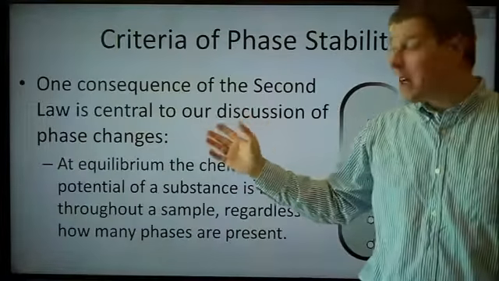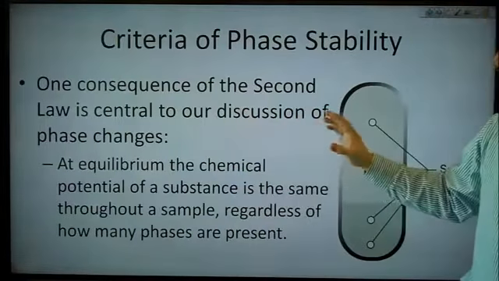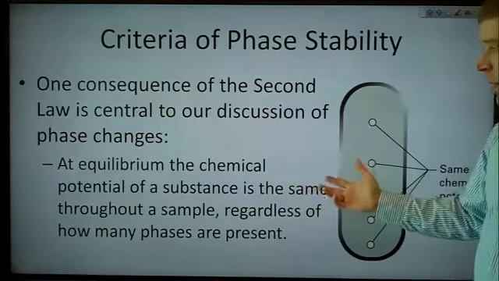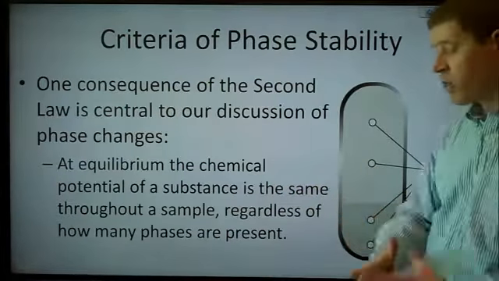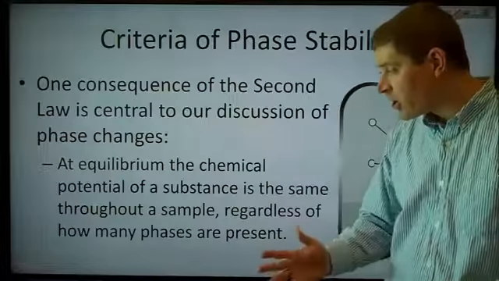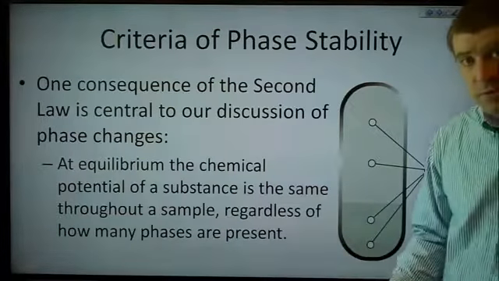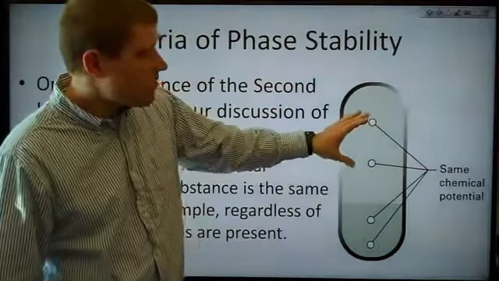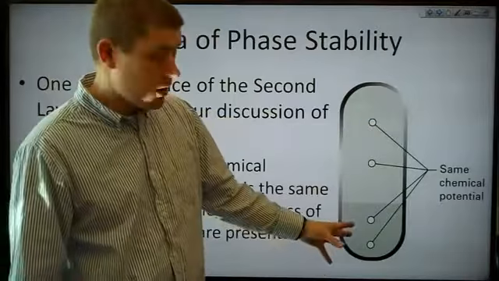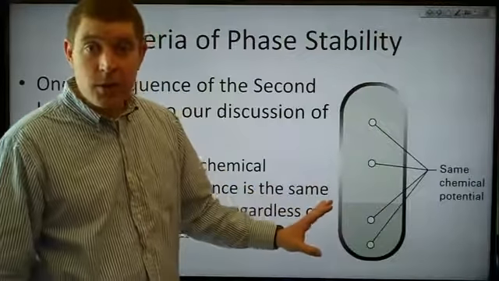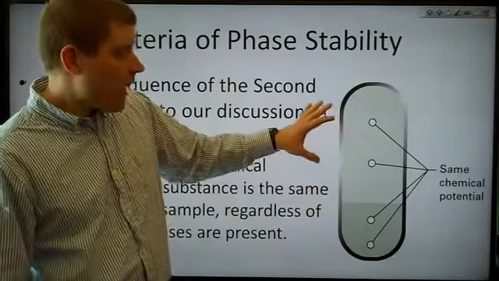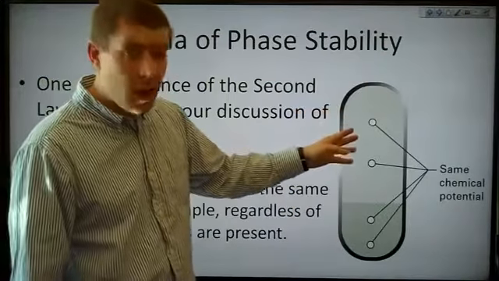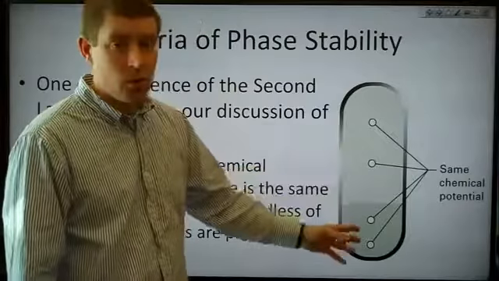Okay, so one consequence of the second law that's central to our discussion here for phase changes is that at equilibrium, the chemical potential of a substance is the same throughout the sample, regardless of how many phases are present. So if we have a case like this, where we have, say, a gas phase and a liquid phase at equilibrium, so at the transition temperature, the same chemical potential exists throughout the sample.